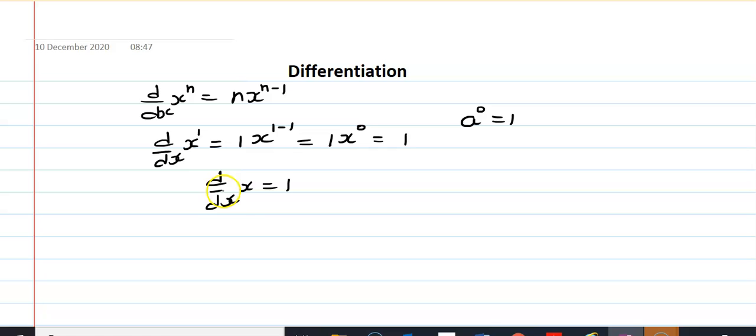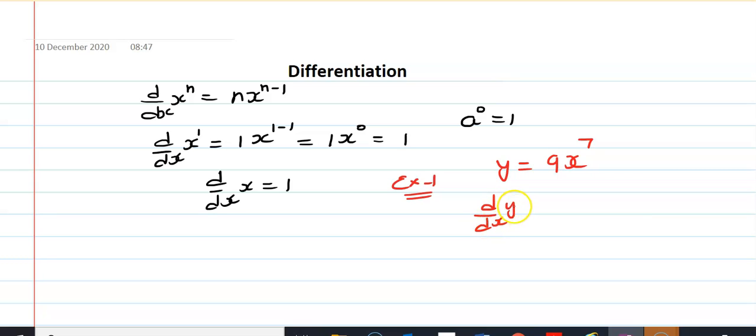1. Okay, and if we take a question like this, an example based on this formula, I'm just doing a recap of whatever we have done. So suppose y equals 9x to the power 7, and you need to differentiate. What you need to do is put d over dx with y.